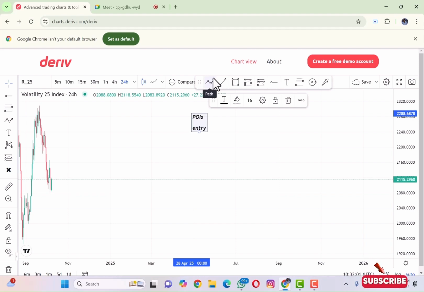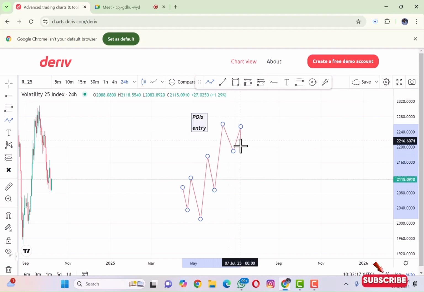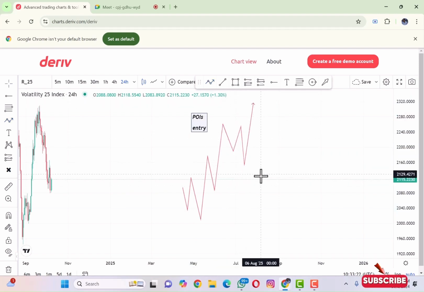So when you have a swing structure that looks like this, or a market scenario that looks like what I am drawing here, suppose this is a market that you want to make a decision on.